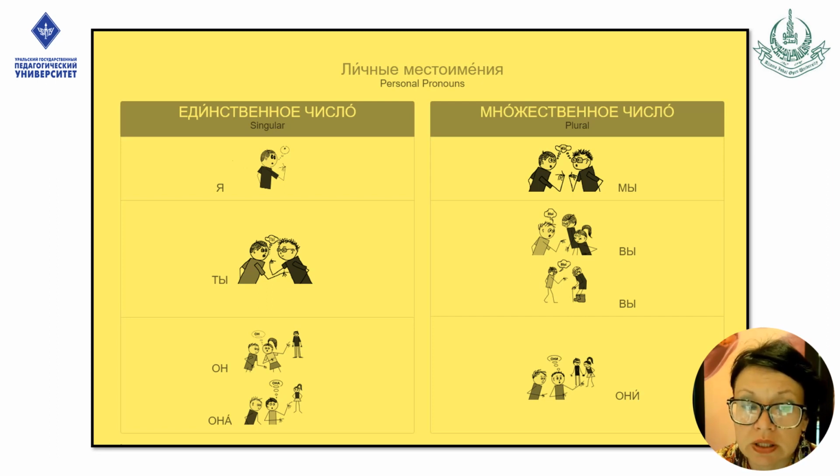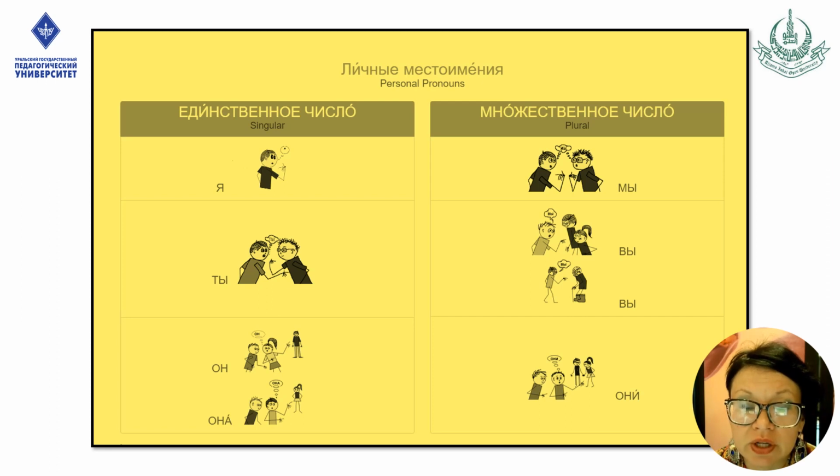Ты, you, singular. And there are two variations of you, вы. So вы in Russian may correspond to people in a group, right? If you are many, I say вы студенты, right? And вы is also a very polite way to address people who are senior.